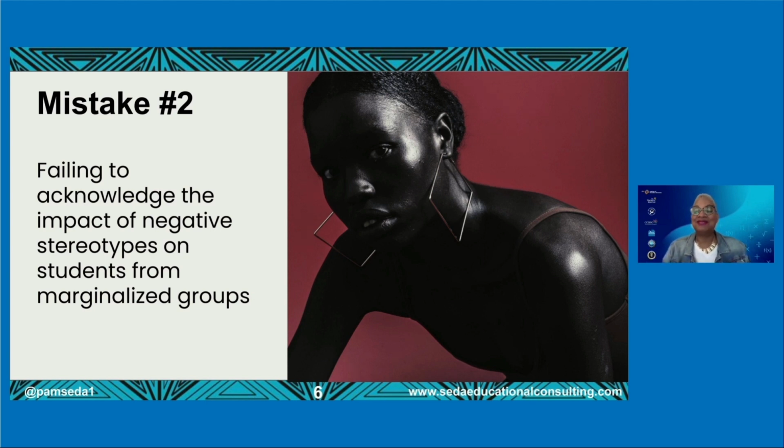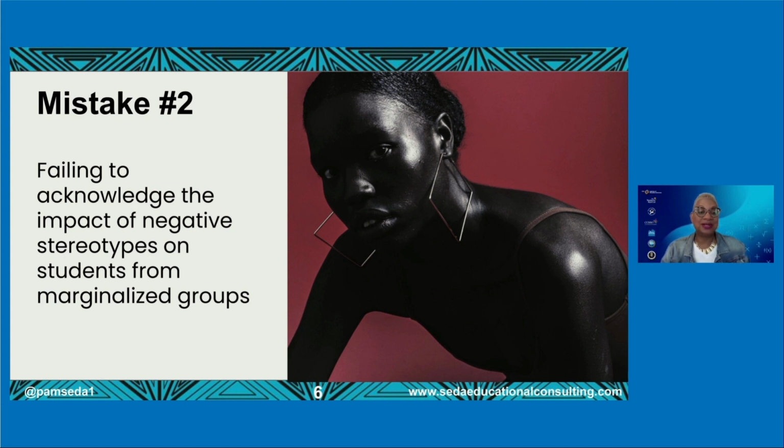There are all kinds of negative stereotypes out there. We weren't responsible for necessarily creating those stereotypes, but if we want to help our students overcome those stereotypes, we really have to decide to look at our students, talk to our students, figure out how negative stereotypes impact them, and then choose to act upon that.